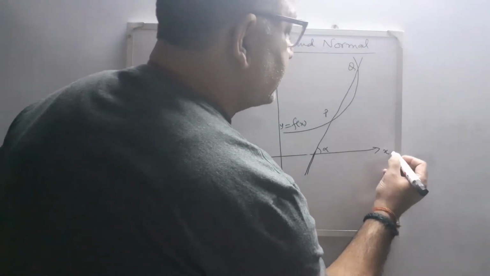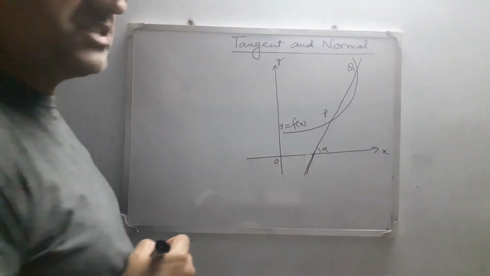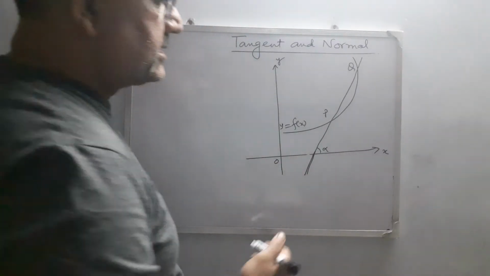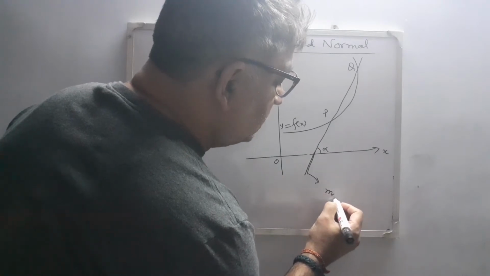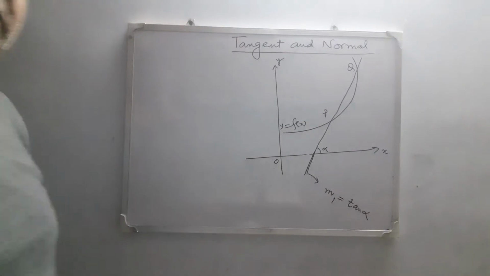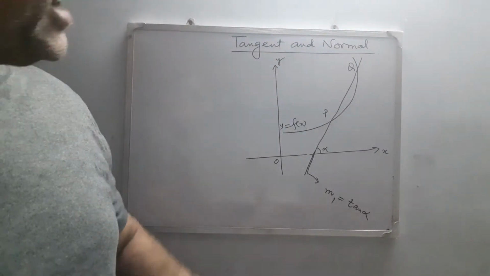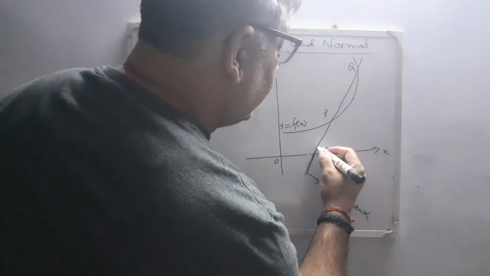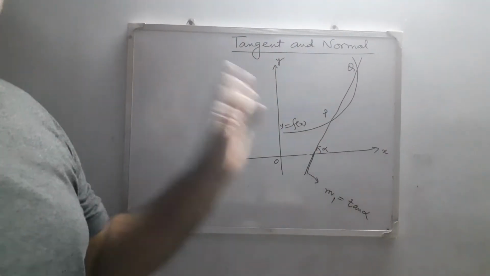This one is x-axis and this one is y-axis, this one is origin, say. Then the slope of this line, that is m1, is equal to tan alpha. You can easily understand with the help of class 11. Now m1 is equal to tan alpha, and alpha is the angle made by this transversal with positive direction of x-axis.